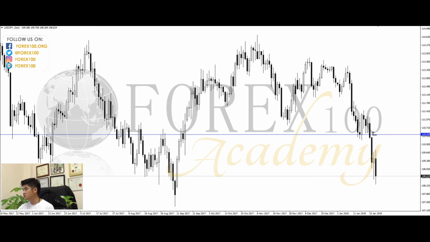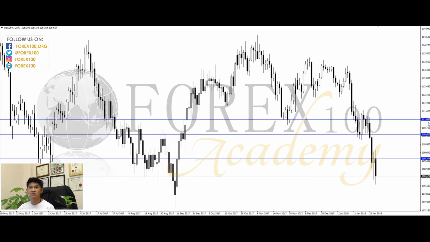And of course, this is also another possibility: at 109.37 the market retraces, comes back up, and I can look for a shorting opportunity. And of course, the other level I'm looking to sell dollar yen is at 111.06.